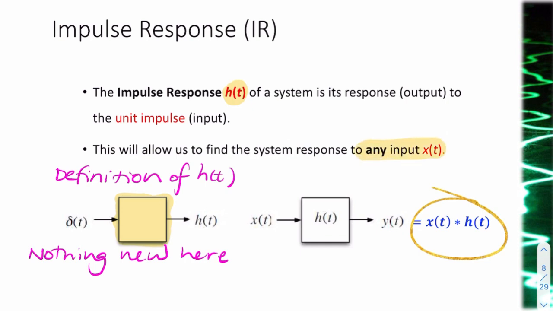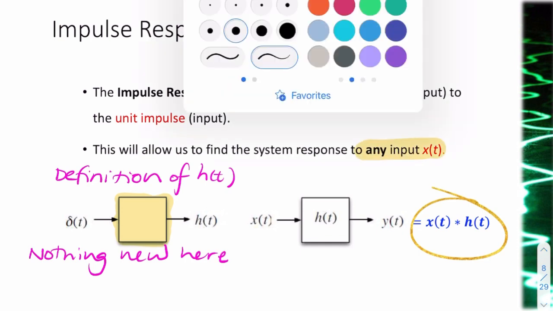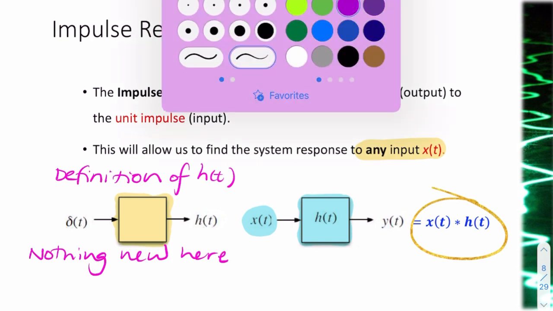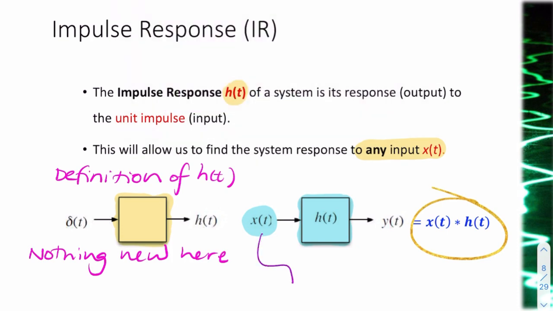Any input. So this time, look what I've got. Same system, nothing's changed, but my input is something else. What's my input? It can be anything. It could be a signal like that. What's the output? Well, it's not going to be h of t, because h of t only happens when you have an impulse.